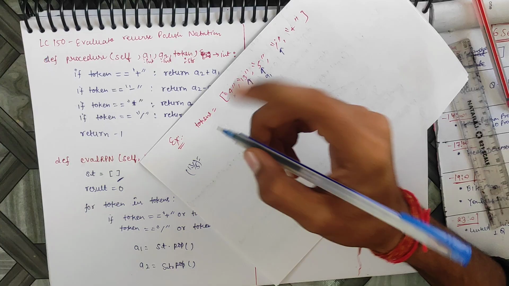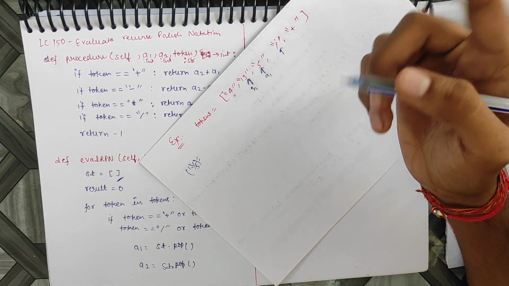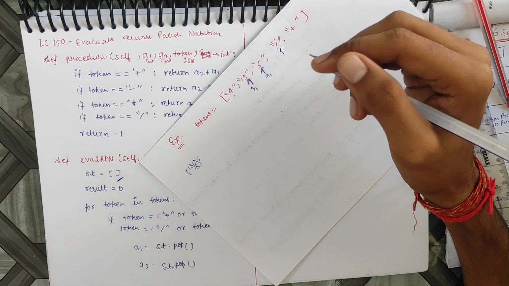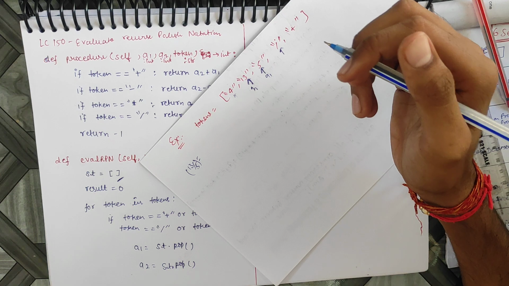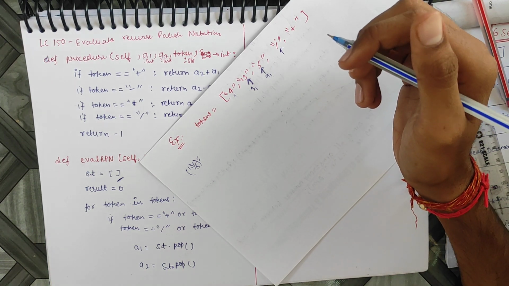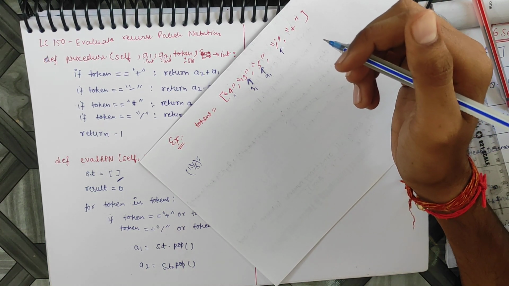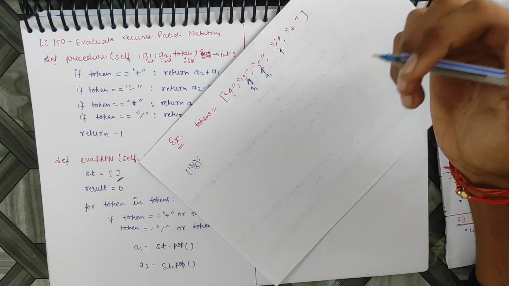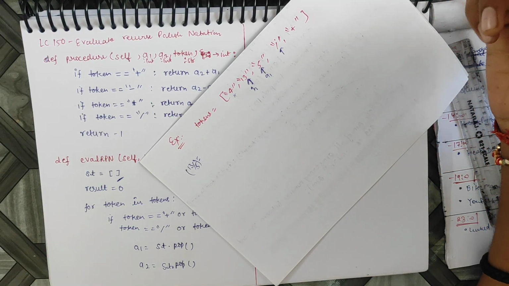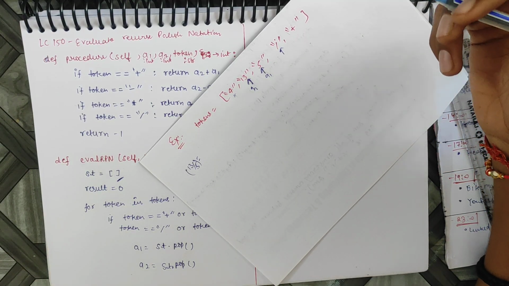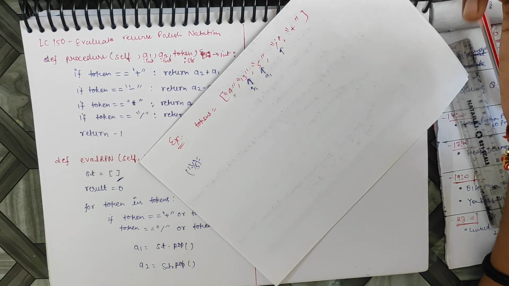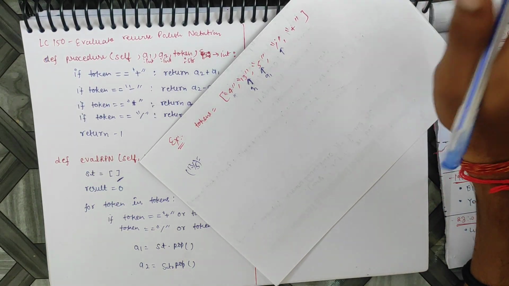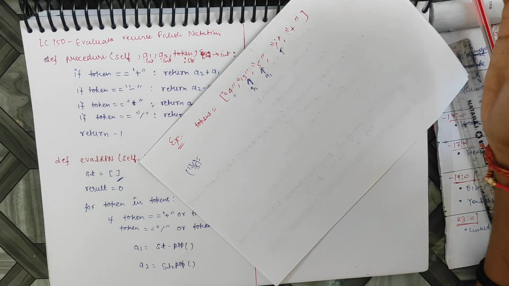And when there is division, we take the integer value, rounding toward zero. We won't go to the next value. If it is 2.27 or 2.45, we take it as 2, not 3.